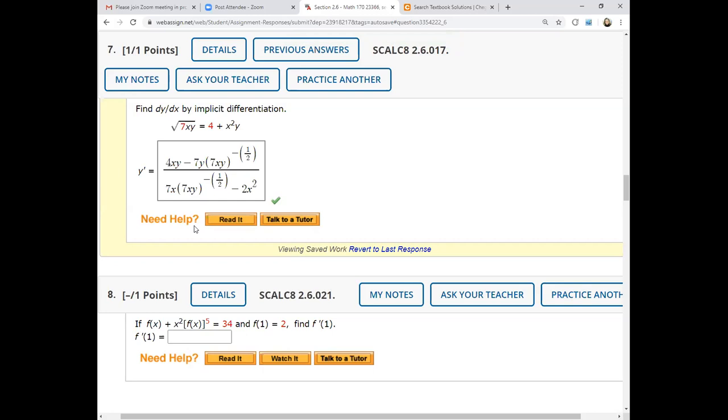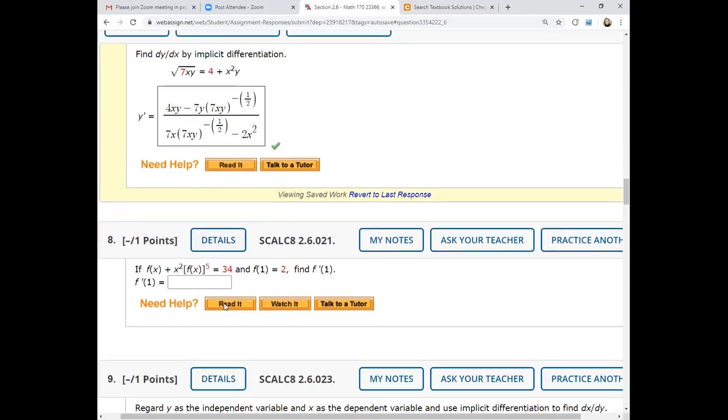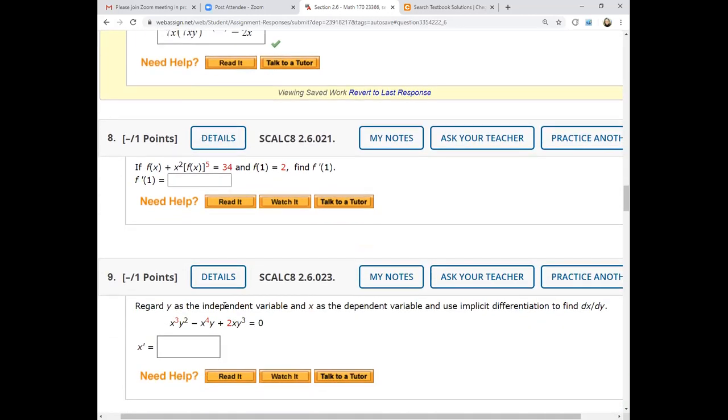Okay, so this one is actually asking you to find the derivative at a point. So it says if f of x is, okay, this is a little different.